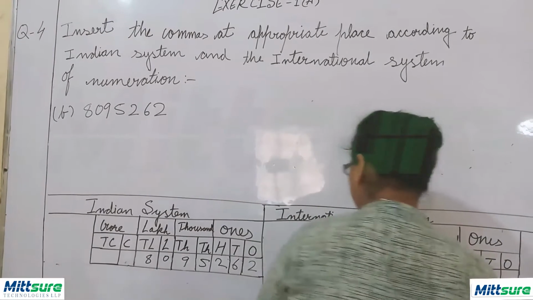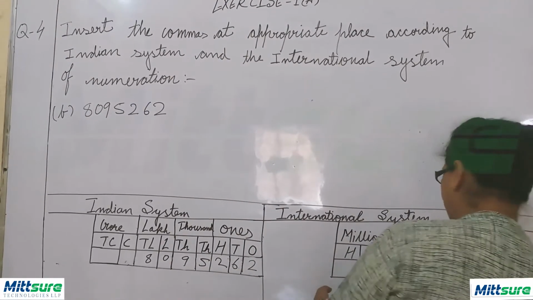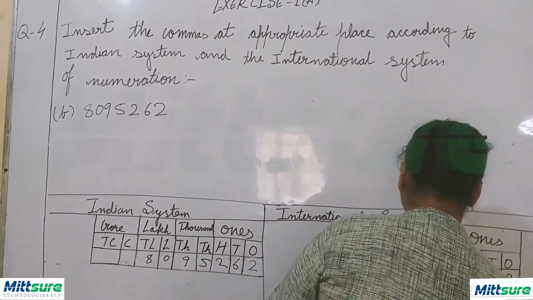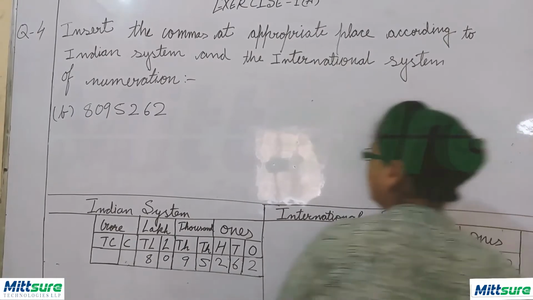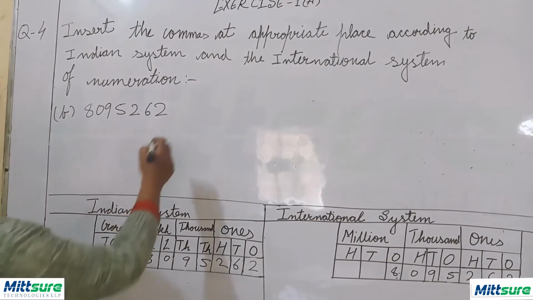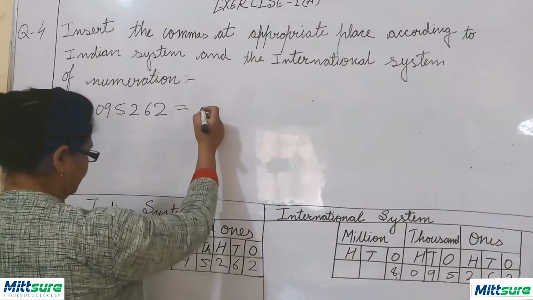The same number I will insert in this 2, 6, 2, 5, 9, 0, 8. And now I will write it according to the commas in both systems.